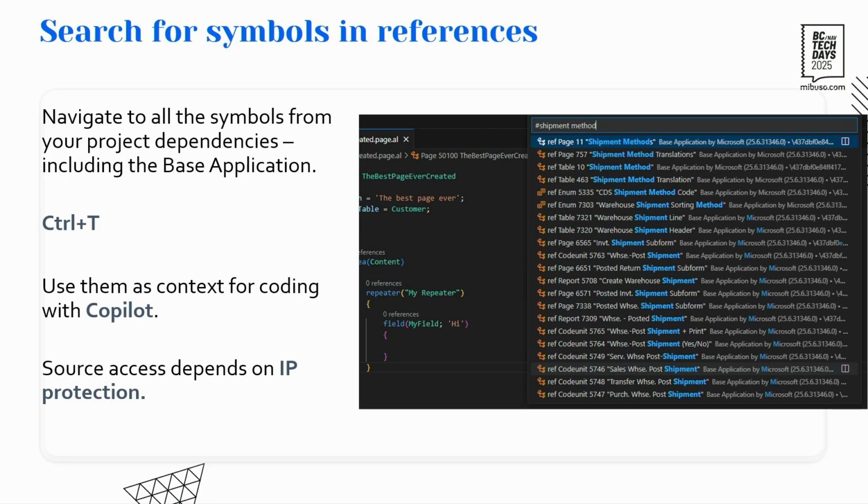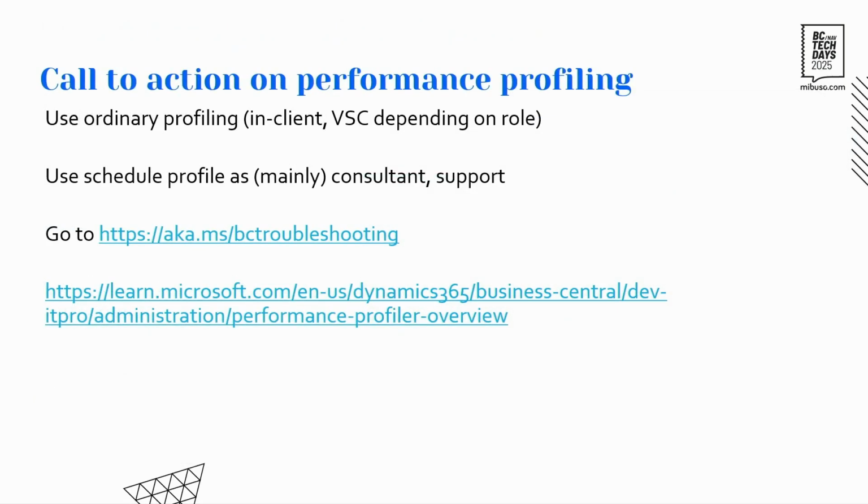So it's a way to bring in context, which was hard before. It's a super nice feature both for finding and for AI or Copilot use. And again, the access here depends on the IP protection, just like Blanca talked about with Open VS Code before. We'll talk about that in a moment.